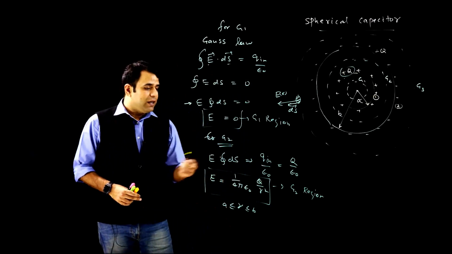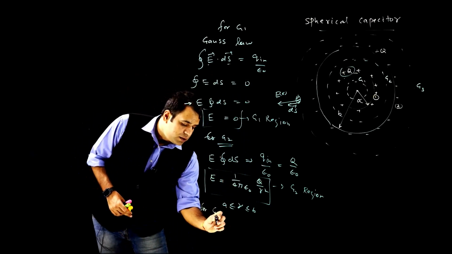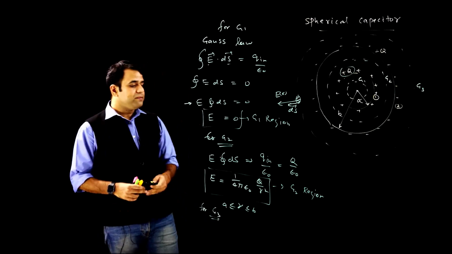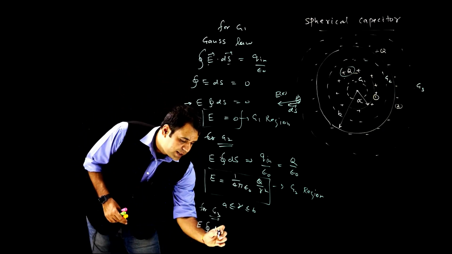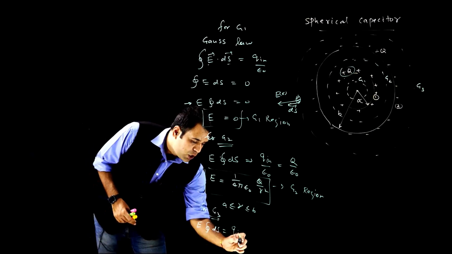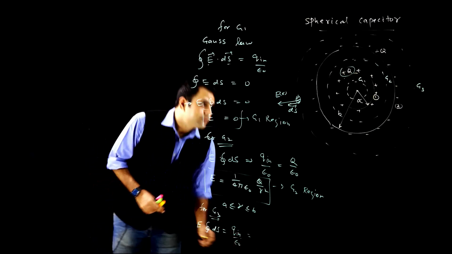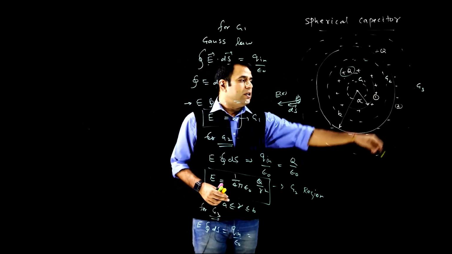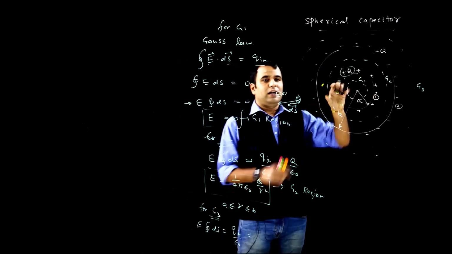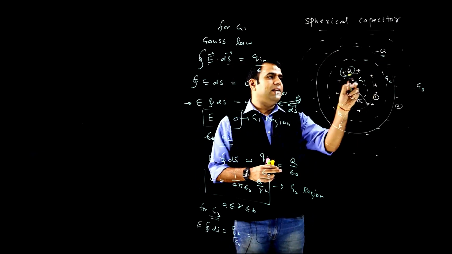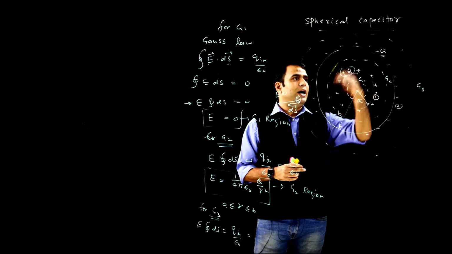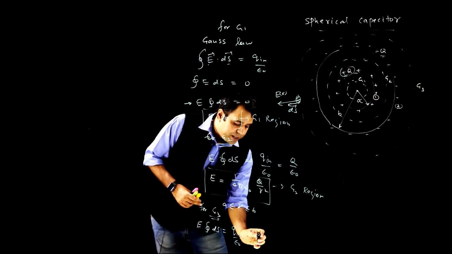Now let's go for the G3 region. We'll come till this point. E times the integration of dS will be equal to q in upon epsilon naught. Inside this G3 region there are two charges. The outer surface has minus q charge and the inner surface has plus q charge. If you add both of these charges, it becomes 0.